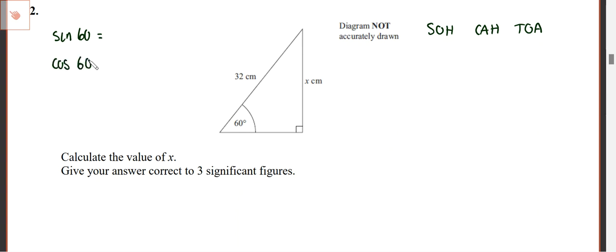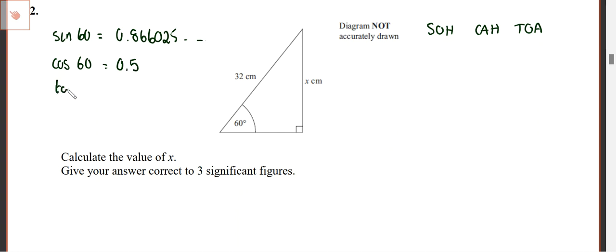Cosine of 60 is? 0.86. Cosine of 60? 0.5.